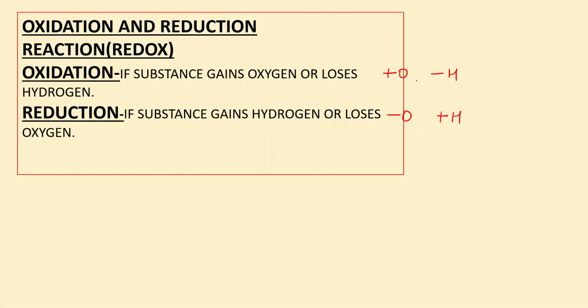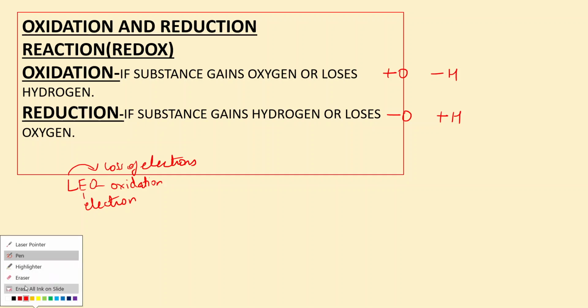You can remember this by a mnemonic, LEO: loss of electrons is oxidation. This definition you will study in higher class. So leave it. We will take the simple concept.